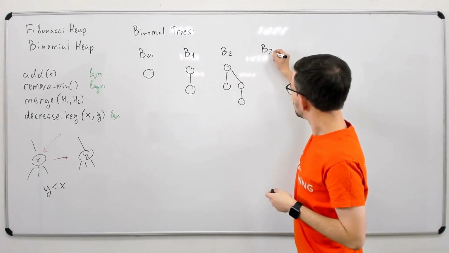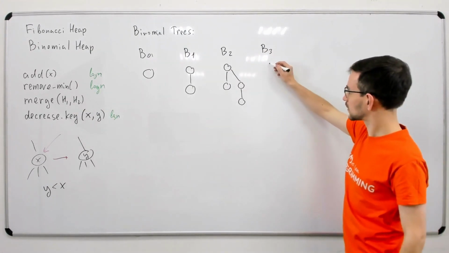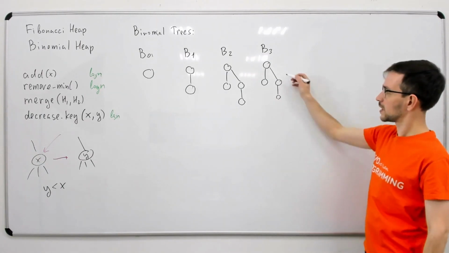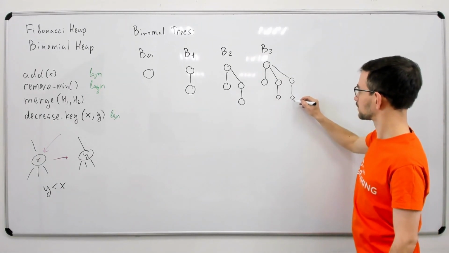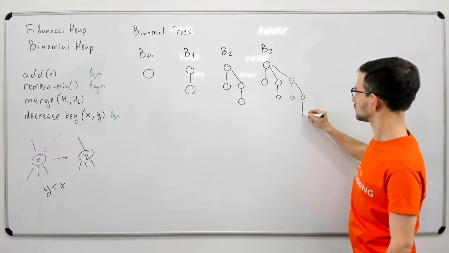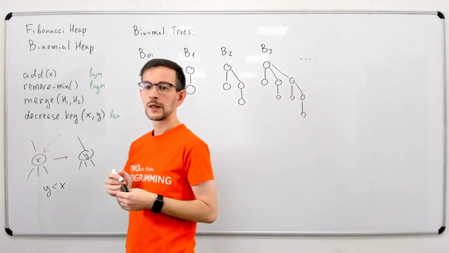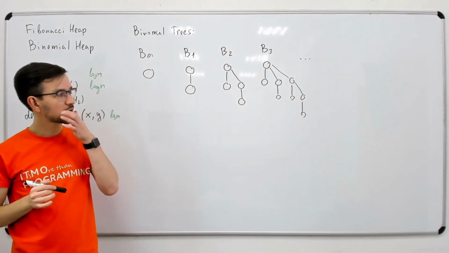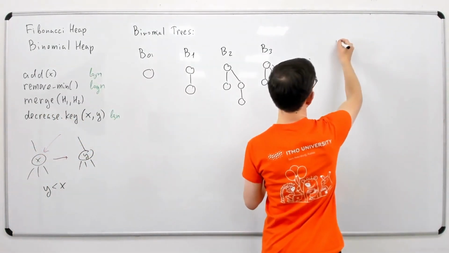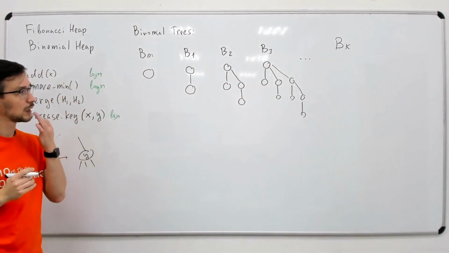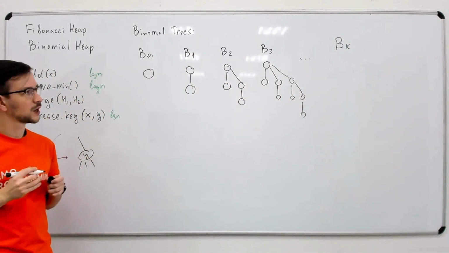And binomial tree of rank 3 looks like this. We have a vertex and we have 1 vertex here, 2 vertices here, and another 4 vertices here. And so on. So the binomial tree of rank k, B_k, looks like this.